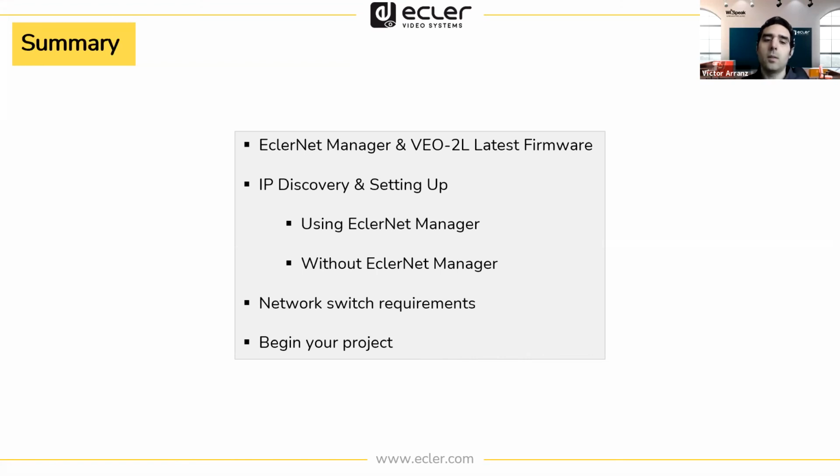When we have this, what's the next step we want to do? We need to know which exact IP address has each and every one of our devices, our transmitters and receivers. There are several ways. The first one, and the one we recommend using, that's going to be the easiest one, is using EclerNet Manager and Auto Discovery, as we already said. Then there are several ways without EclerNet Manager.